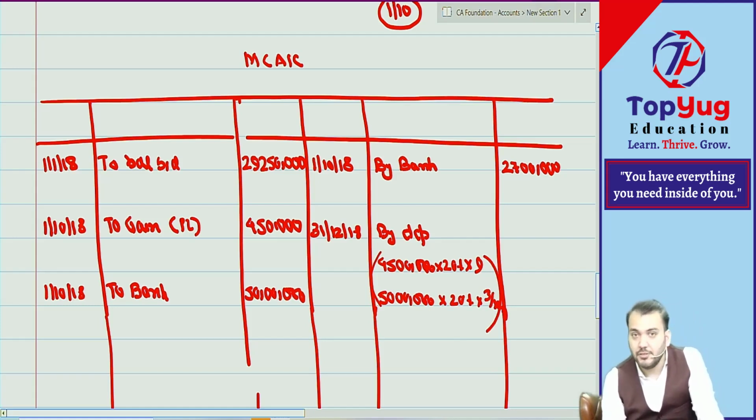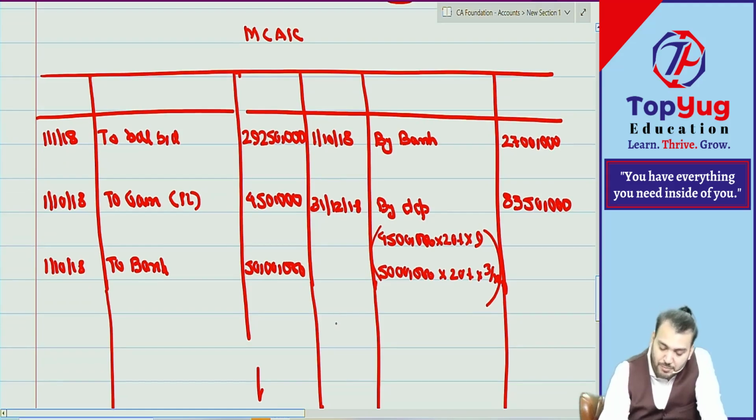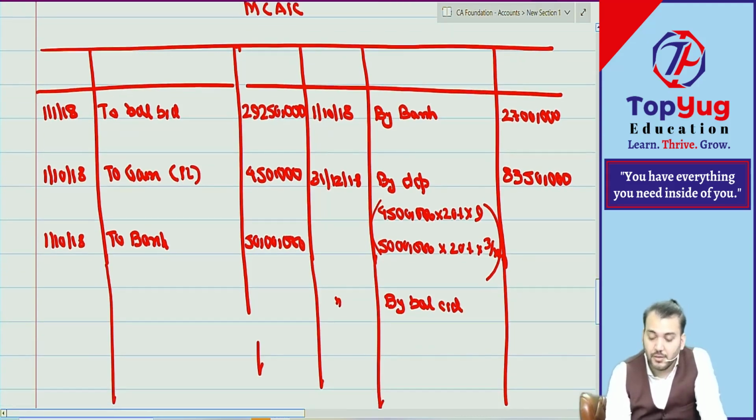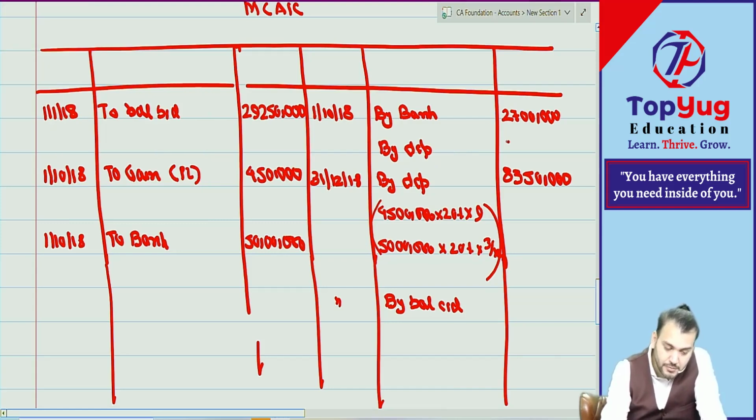What I am saying? How much? 83 lakh 50,000 is the depreciation of that year. So can you give me balance carried down? We have not written that, we forgot to write it down. So by depreciation of that motor car which has been sold, how much depreciation did we calculate? 6 lakh 75,000.